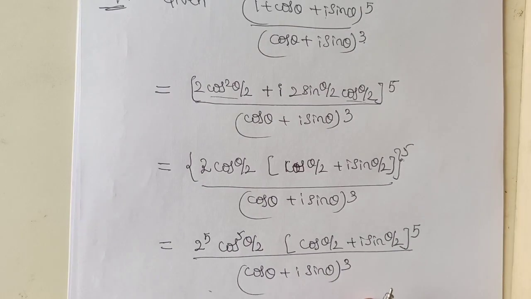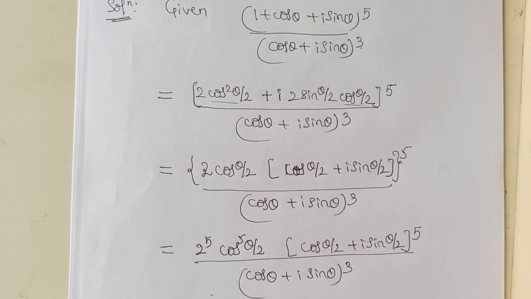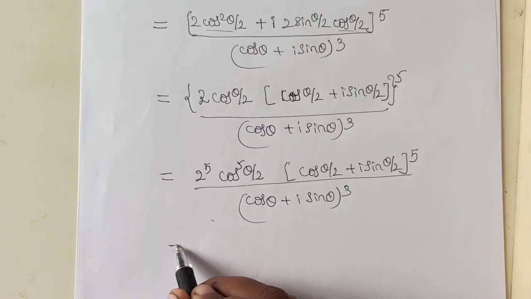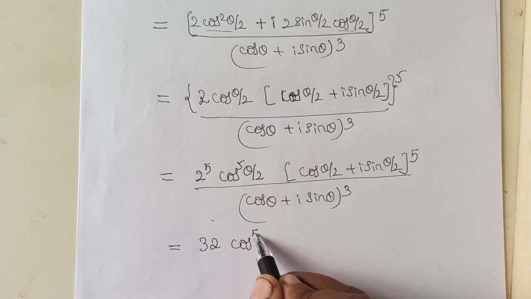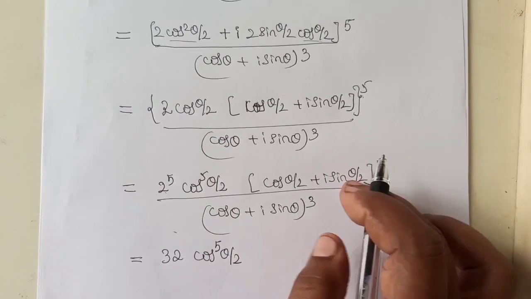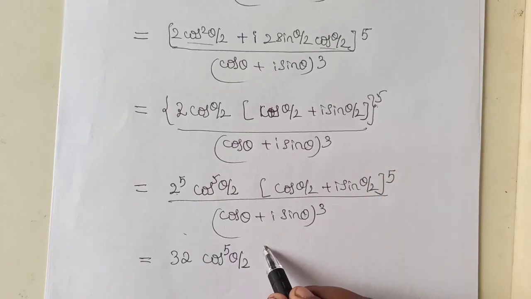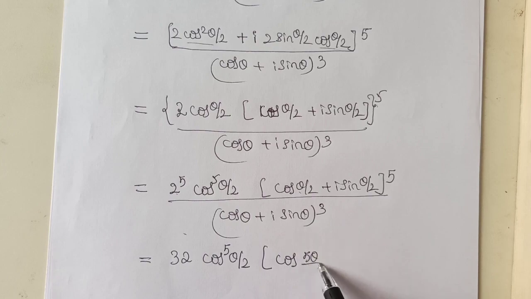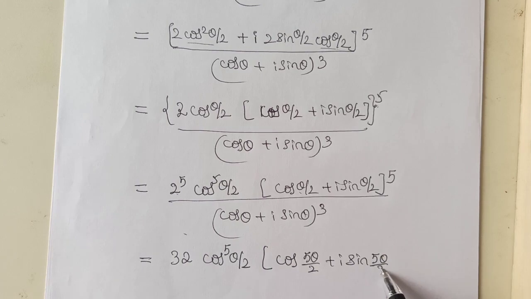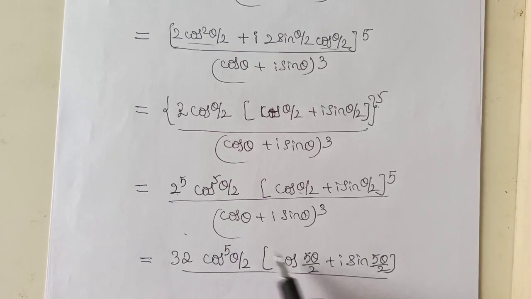Now 2^5 is equal to 32, so we get 32 cos^5(θ/2). Now applying De Moivre's theorem, the numerator becomes cos(5θ/2) + i sin(5θ/2).